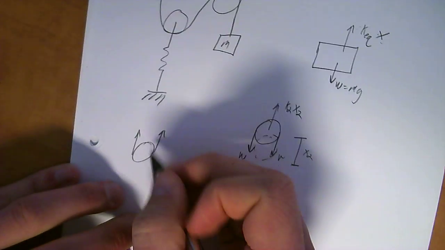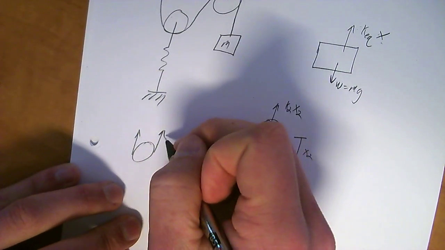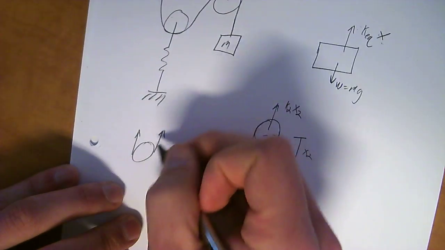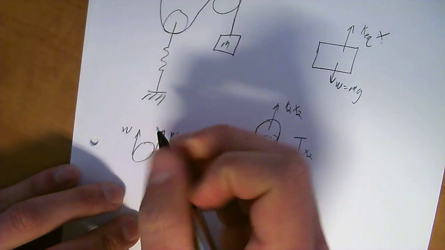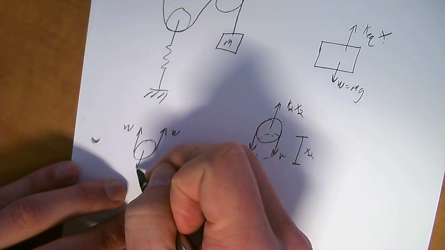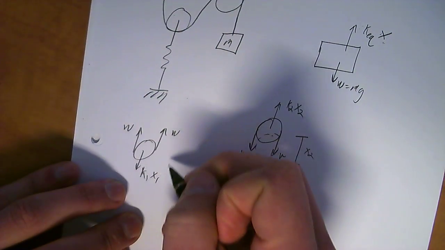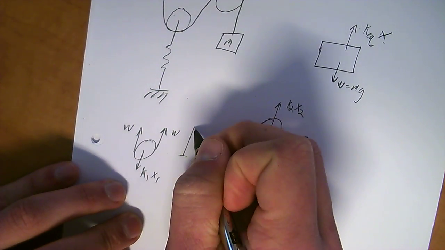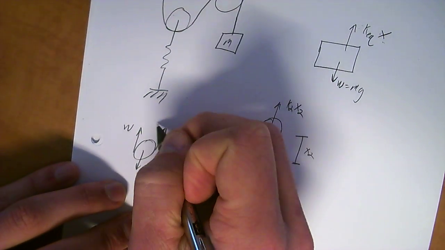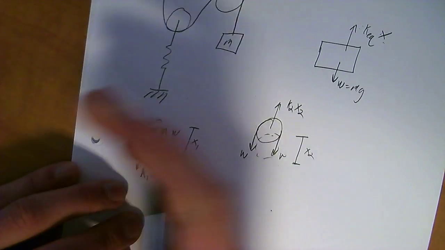Now looking over at this pulley, again, since the weight directly transfers along this line, you've got weight right here and weight right here. And then you've got a K1, X1. And it's going to displace in this direction, x1, as soon as the weight is released.